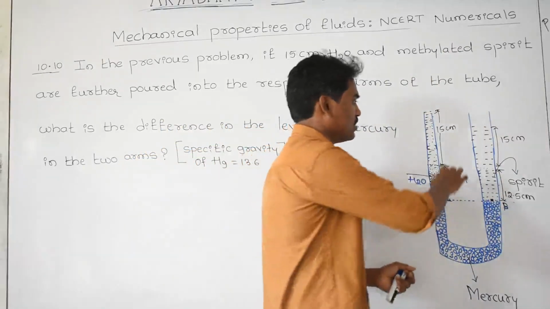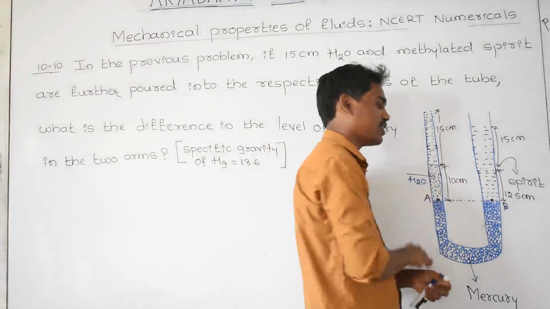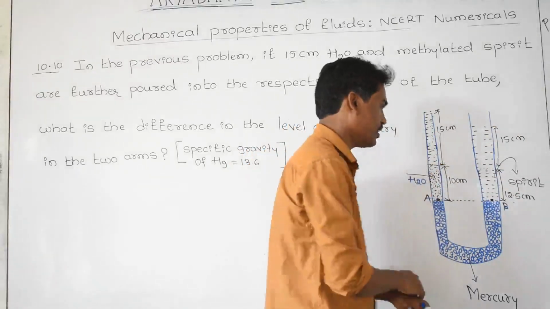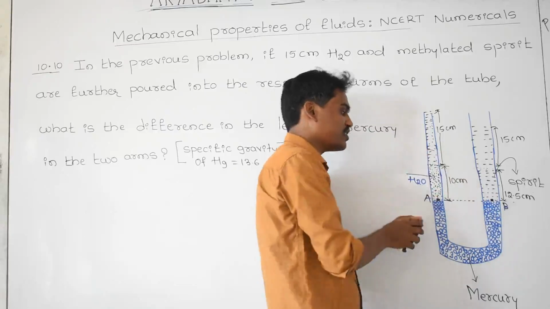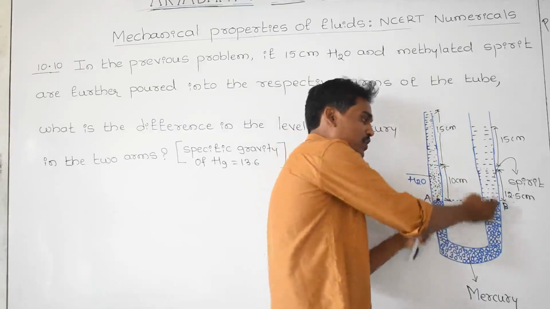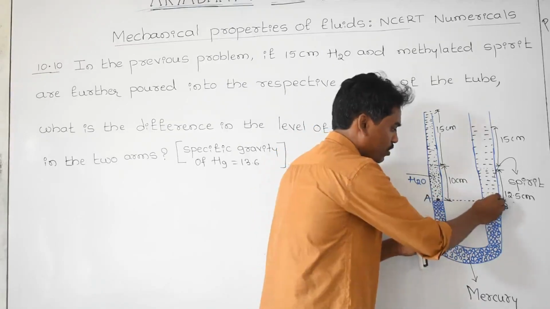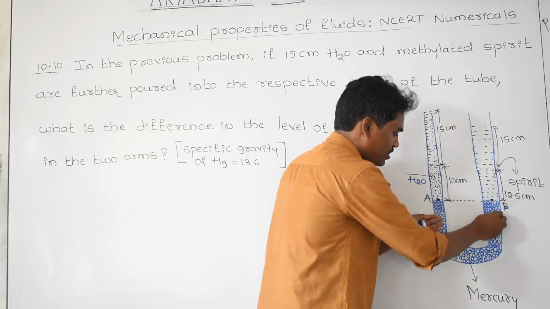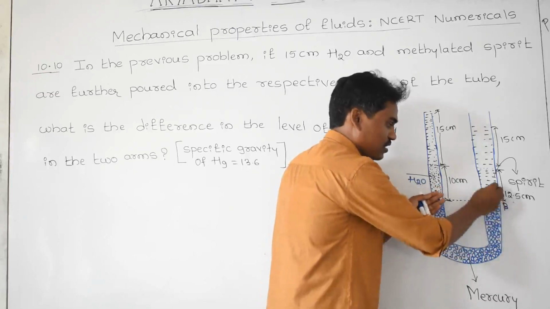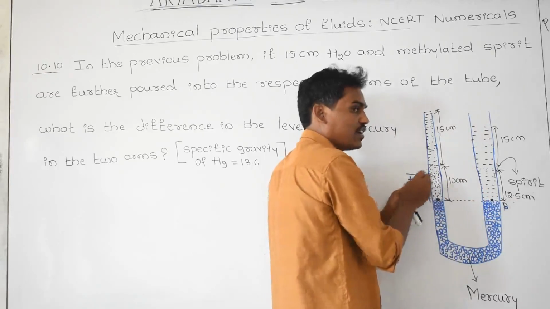And here this is 25 and this is 27.5 centimeter. Because of this variation, there has been a difference in the levels of mercury. Here this mercury column decreases, and on this side it rises to a certain length.